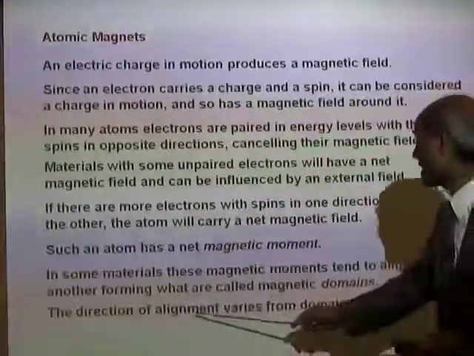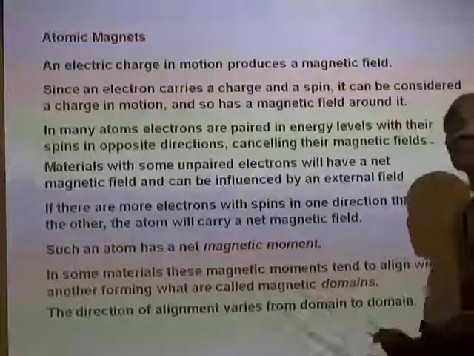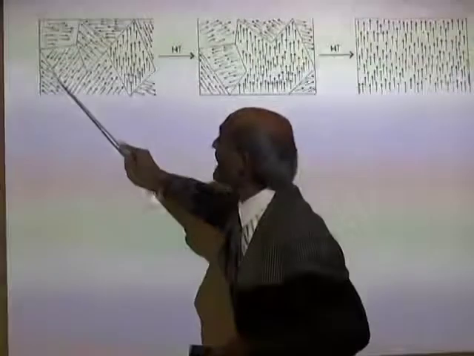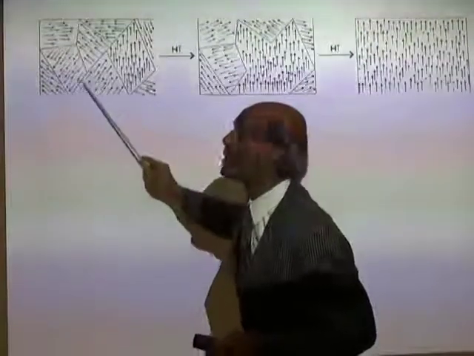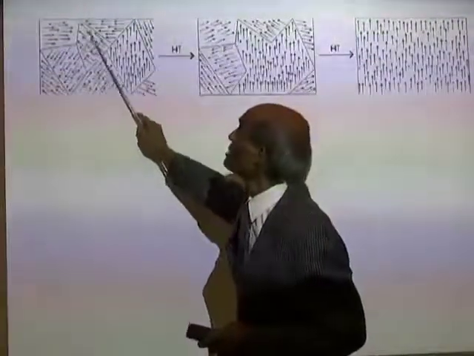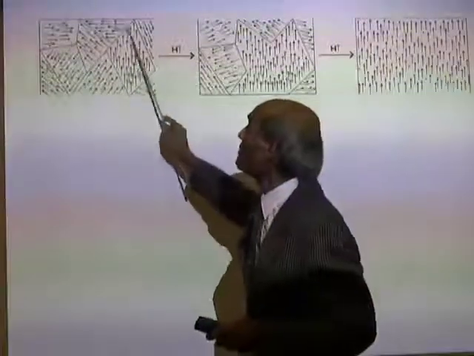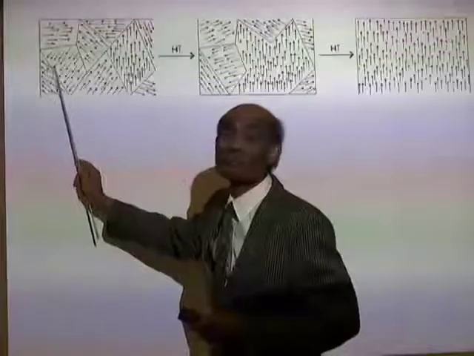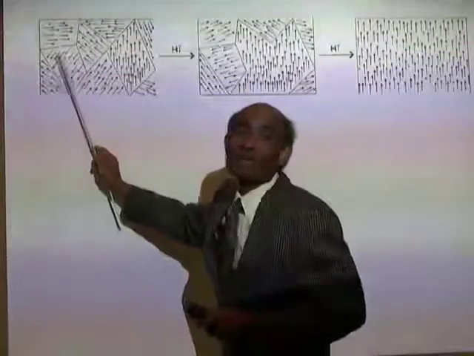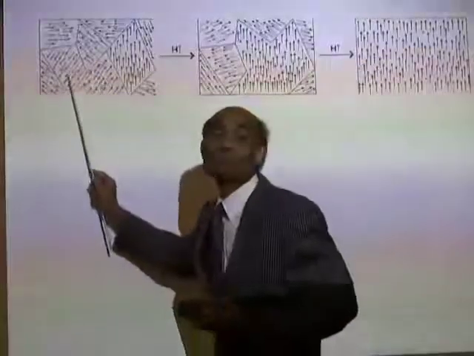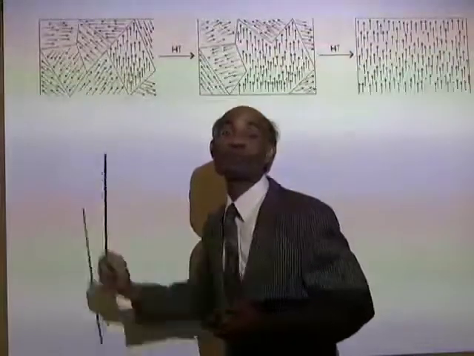The direction of alignment varies from domain to domain. Now, here is an example. Here is the alignment inside one domain, and here is the alignment in another domain. If you take the behavior of the entire material, the net magnetism is zero because of the random arrangement of the magnetic moments forming the domains.